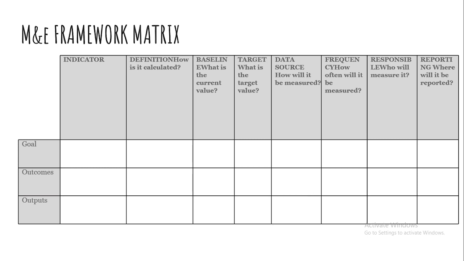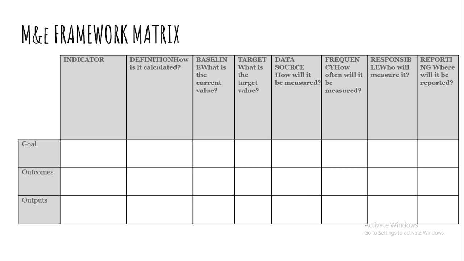You indicate then the baseline result. Is it 0? As I gave an example, the harvesting tanks, if they are targeting 40, then maybe starting from 0 because the schools have no harvesting tanks. So you indicate your target. Then the data sources, you indicate how this will be measured. Will you go to interview these people?